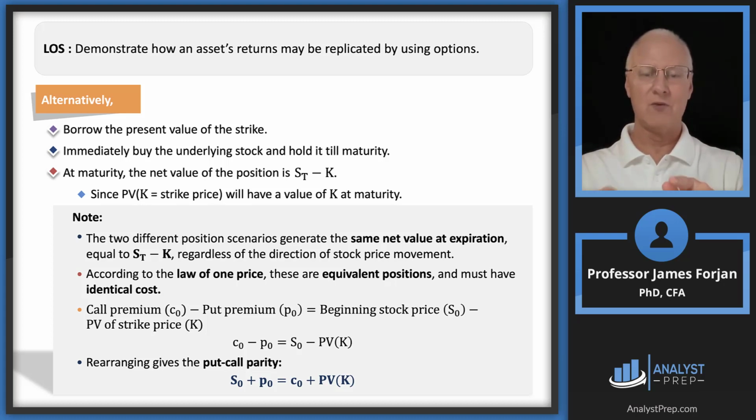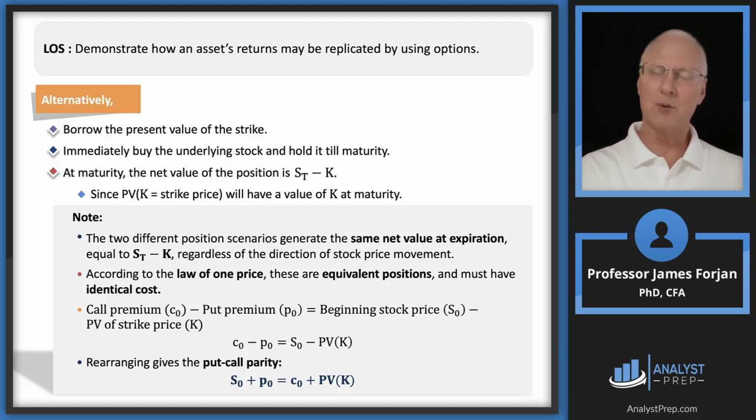But what you can do is rearrange those to synthetically replicate. So for example, and we're going to do this in the next couple slides, let's look at that bottom equation. If I subtract the price of the put option from both sides, what do I get? I have the stock price on the left-hand side, and then over on the right-hand side, I have the bonded call, and now remember, that's a minus P, so writing the put.